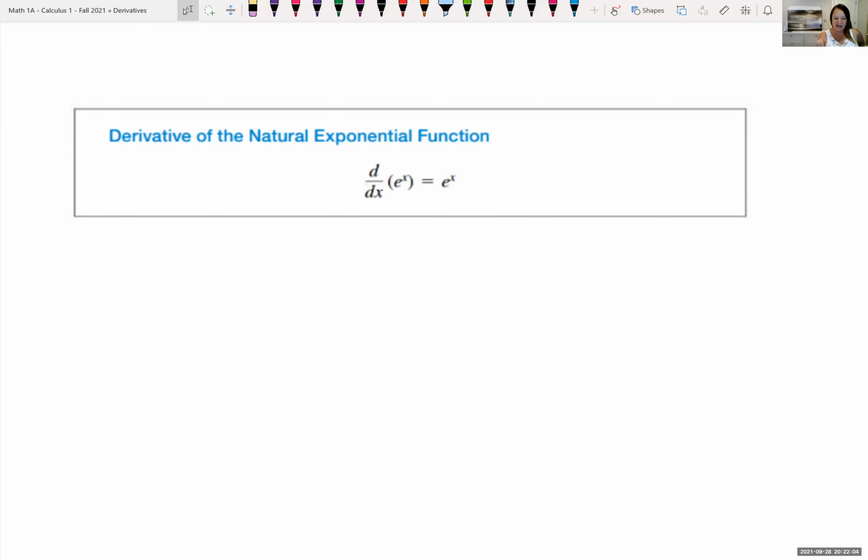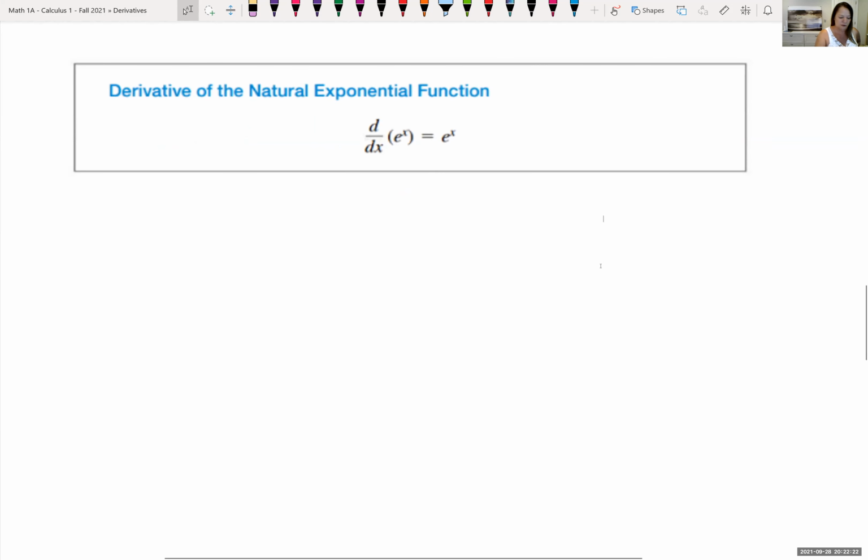We've proved a lot of how we got these rules by looking at the formal definition of derivative, the limit as h goes to 0 of that difference quotient of that function. I'm not going to prove this one. We're just going to take it that it's true without proving it, just to save some time in class.